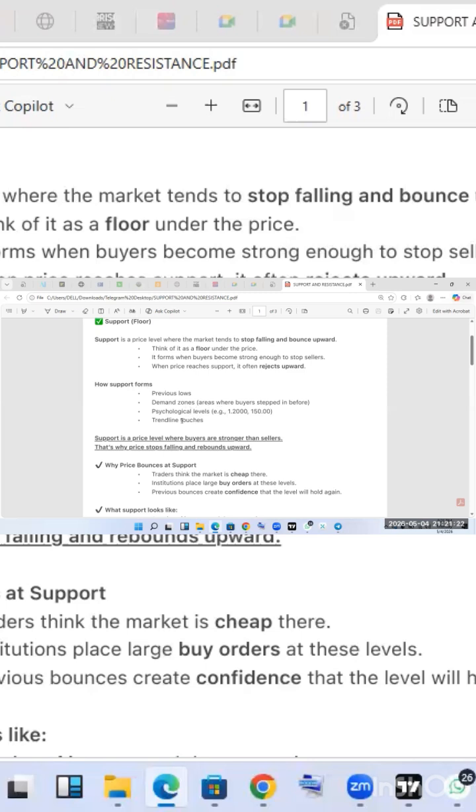Psychological levels are also so powerful because these are zeros and fives. These are psychological levels because this is where institutions trade. When an institution wants to trade, they don't trade on random numbers. They trade on a psychological level.